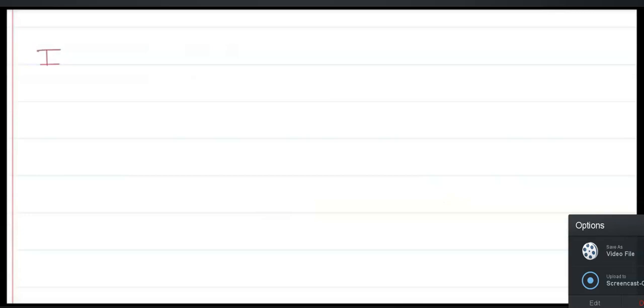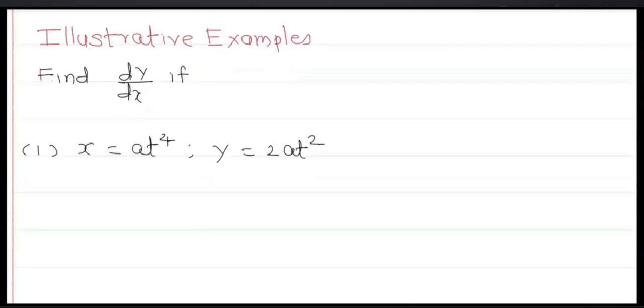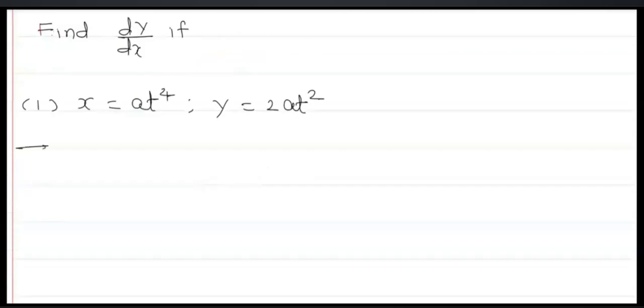Now next is illustrative examples. Find dy by dx if x is equal to at to the power 4 and y is equal to 2at square.